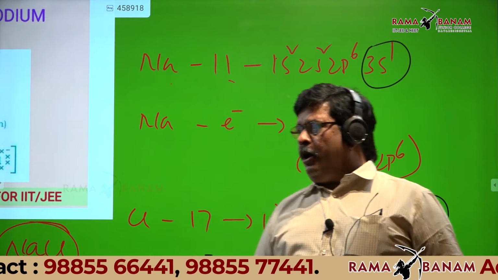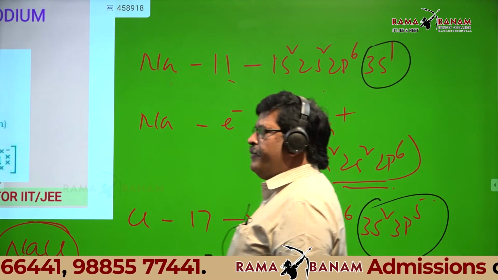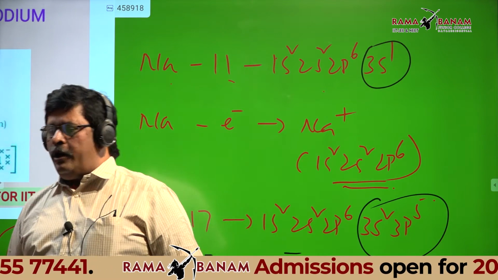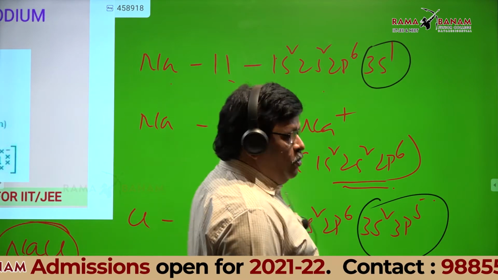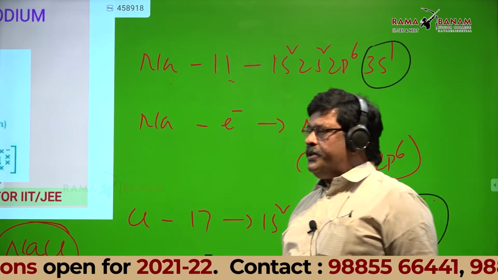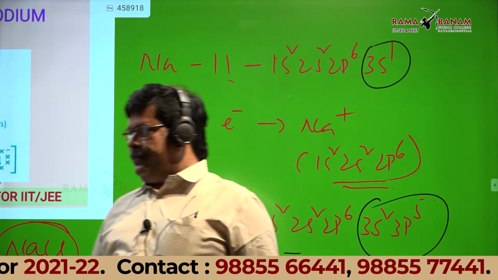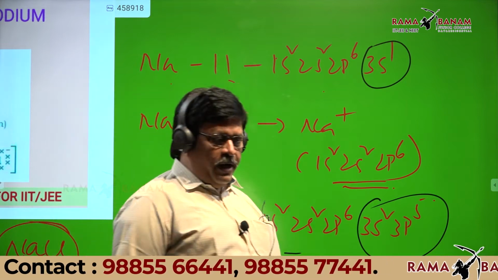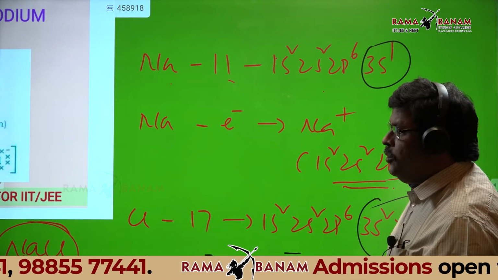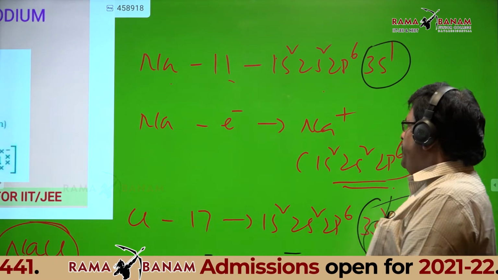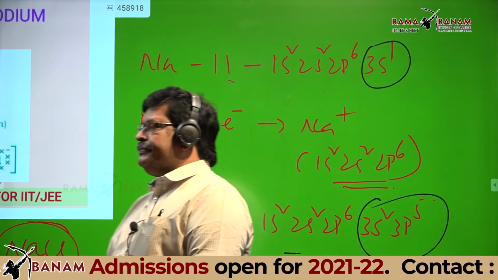So to attain octet configuration, it loses 1 electron and forms a cation.